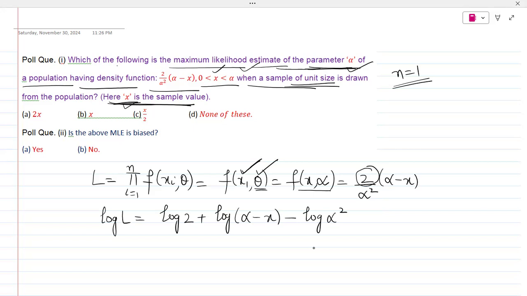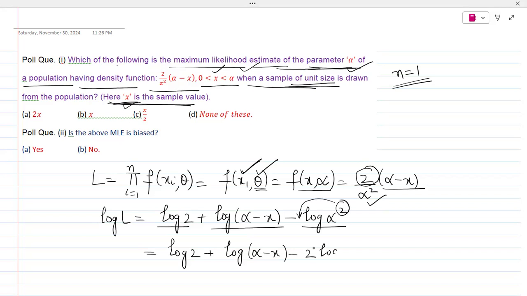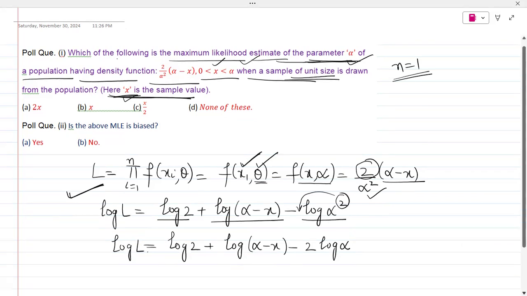Here it is A into B divided by C, so log of A plus log of B, minus log of C. And this 2 can come down, so this is now log of 2 plus log of (alpha minus x) minus 2 log alpha. So this is log of L, where L is the likelihood function.